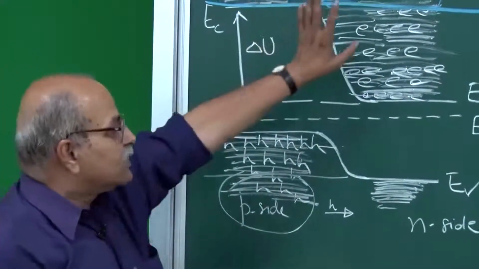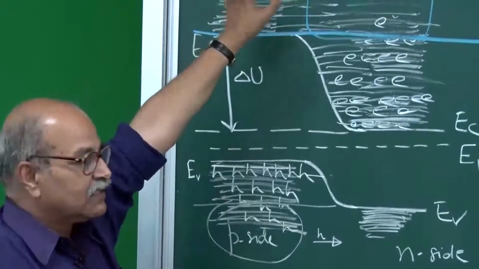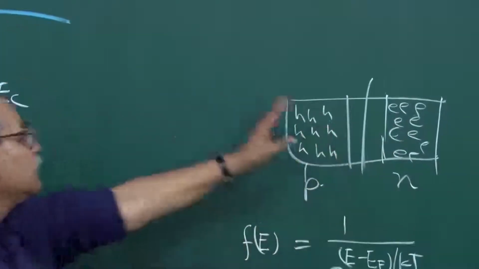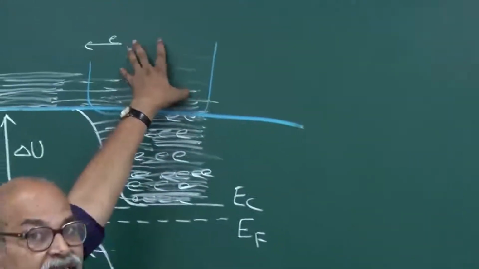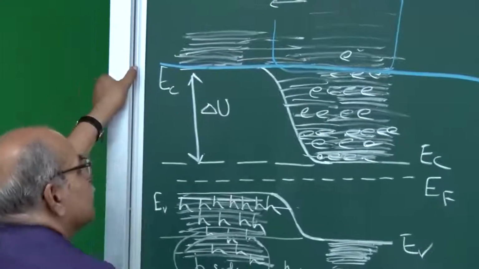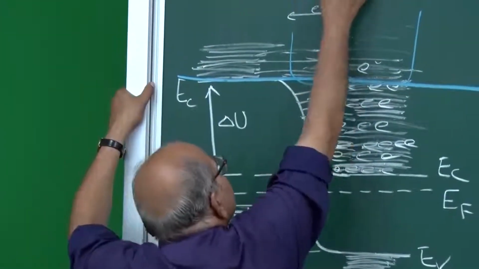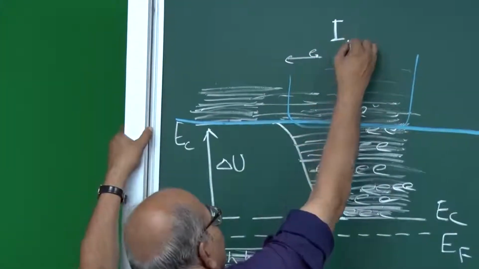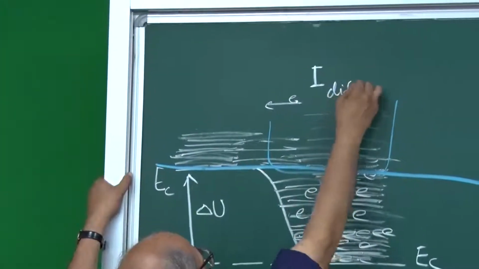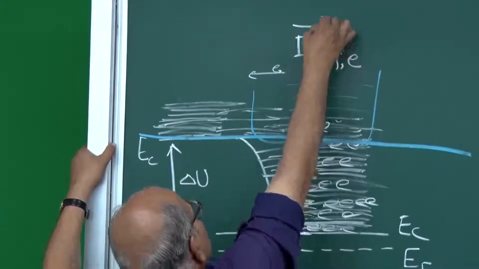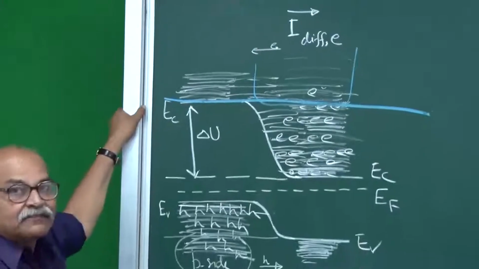Such migration will take place because of the concentration gradients. The electrons will try to diffuse here, and the ones having sufficient energy will go, and therefore you will have a current. This is the current because of electron diffusion. You can call it I diffusion because of electrons, and the direction will be opposite to the direction of electron movement.